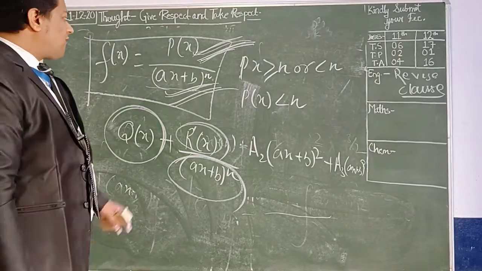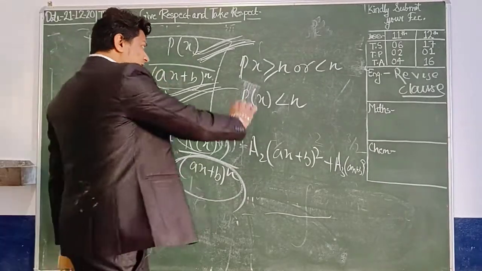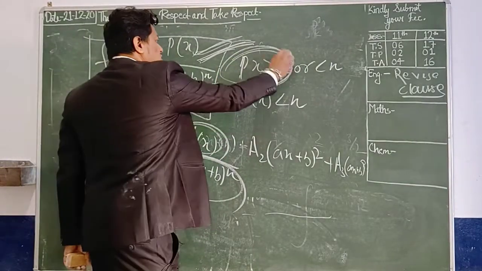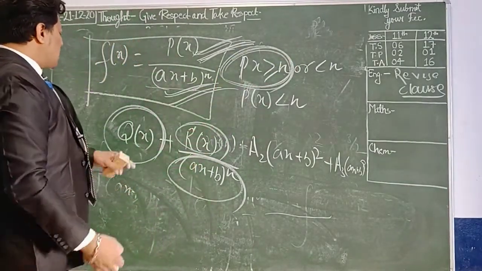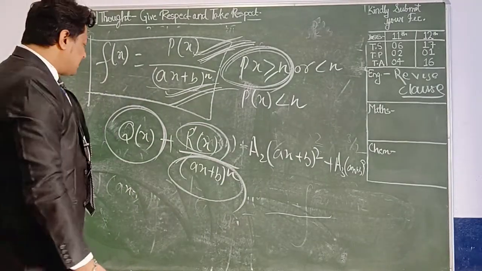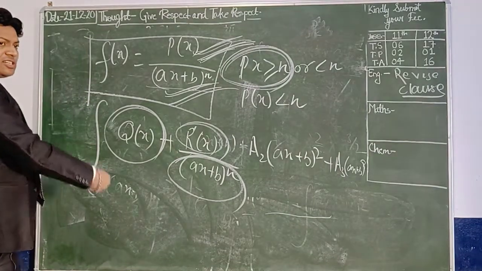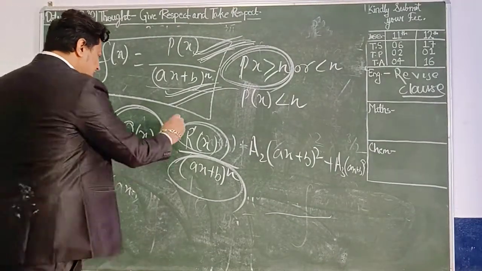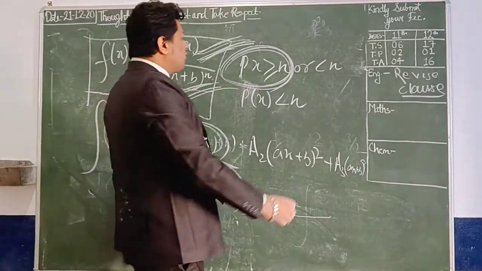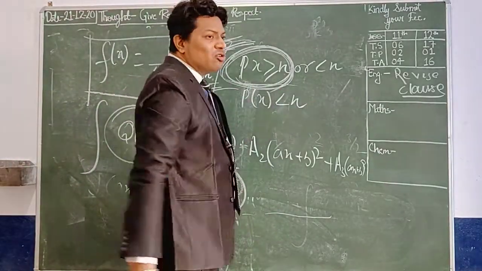Is it clear? After division, when Px is greater than or equal to n, at that time you will do Qx plus Rx upon ax plus b power n, and then you can apply the integration sign. So this will be integrated and this will be integrated. Is it clear? When you will get Px greater than or equal to n.